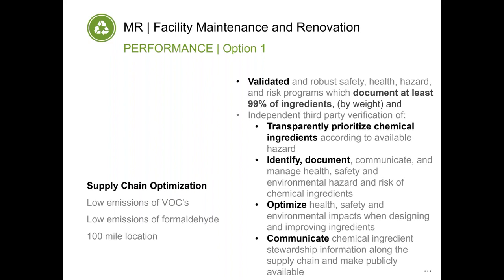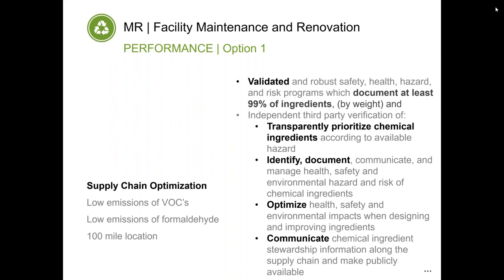For supply chain optimization, we're going to be going through each of these four on the lower left. So first, we're focusing on supply chain optimization. That's validated and robust safety, health, and hazard and risk programs documenting at least 99% of the ingredients of a product. So really, we're focusing on material transparency. Is the product manufacturer providing documentation and transparency on the ingredients of that product, what makes up that product?